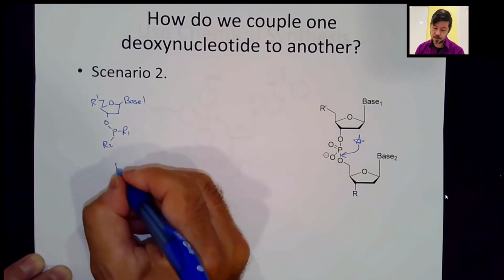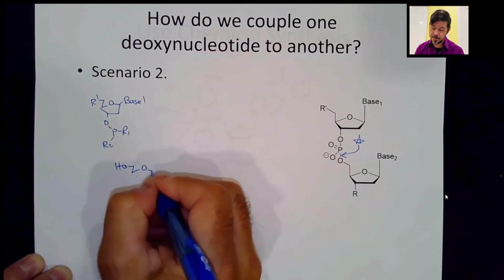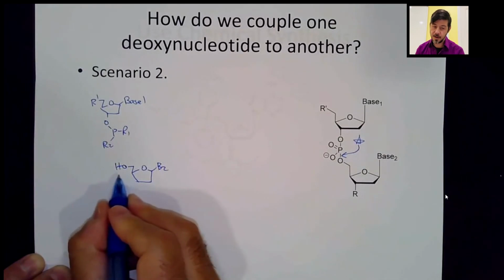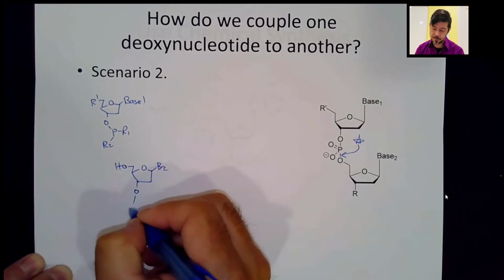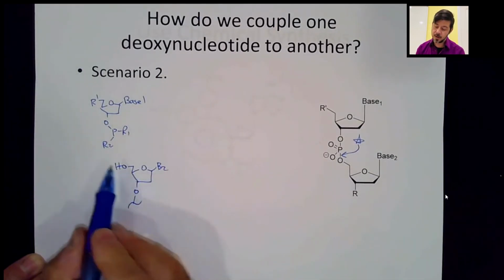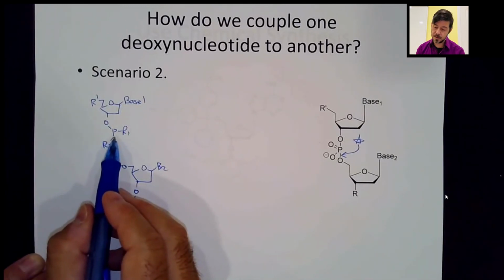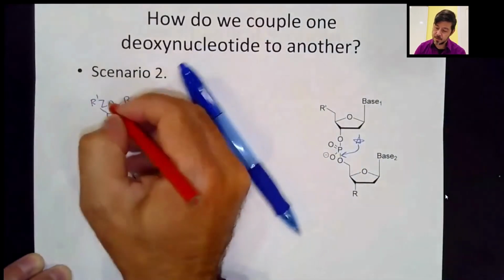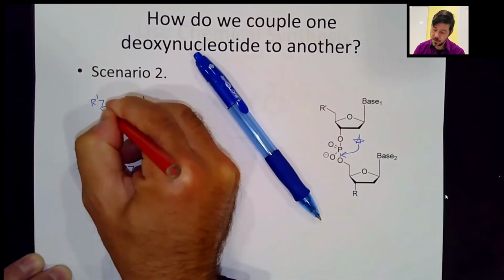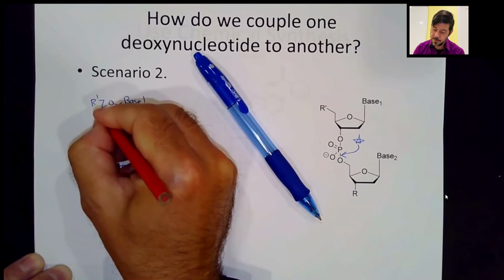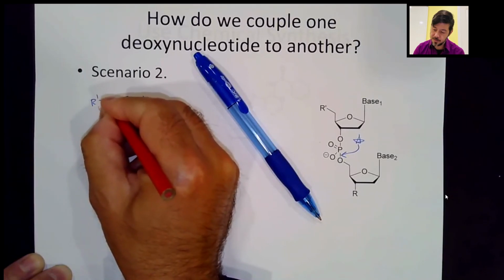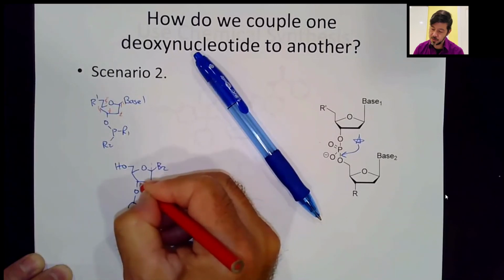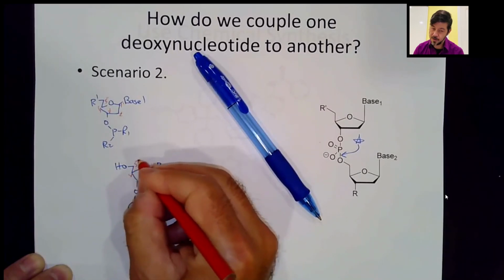So in this case, you're going to have base 2 that has a 5' hydroxyl group, and you're going to have a phosphorus group here that's attached to a 3' oxygen. Okay, so this is 1, 2, 3', 4', 5', 1, 2, 3, 4, 5'.